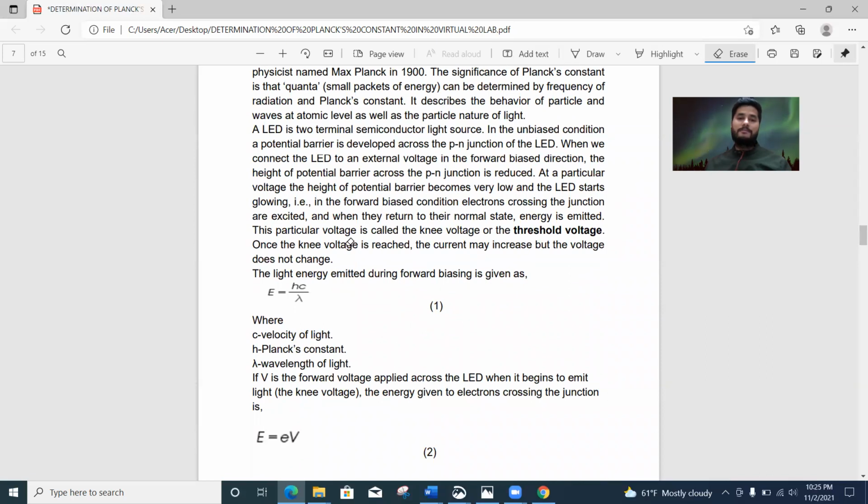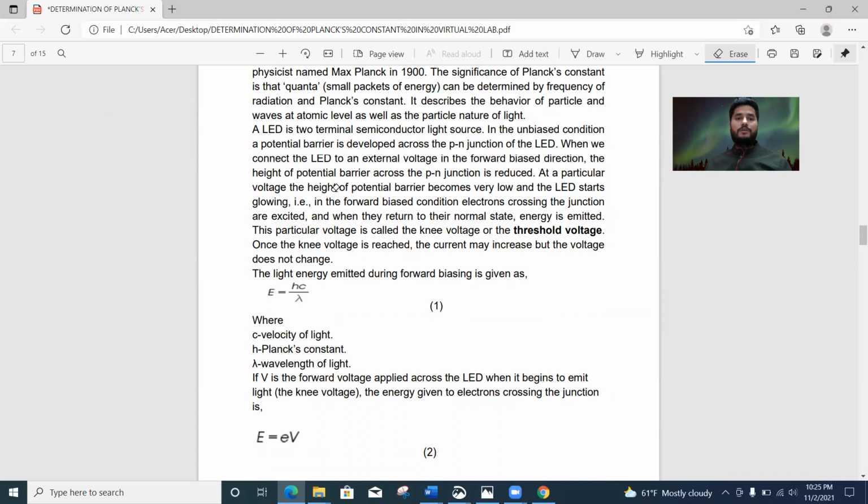experiment, this virtual lab. We use an LED, which is a two-terminal semiconductor light source. In the unbiased condition, a potential barrier is developed across the PN junction of the LED. When we connect this LED to an external voltage source in forward bias condition, the height of the potential barrier across the PN junction is reduced.